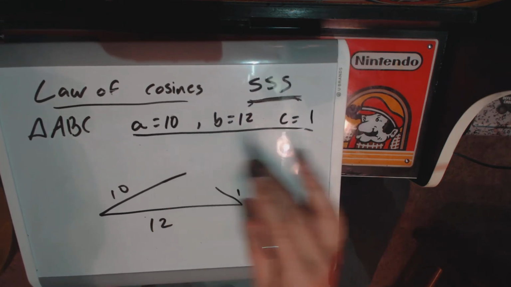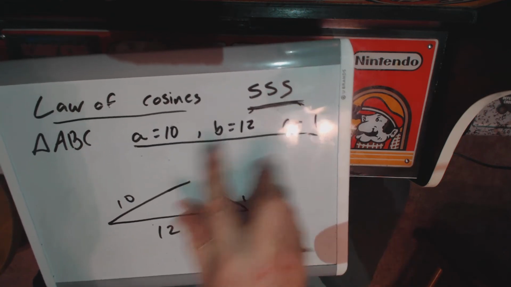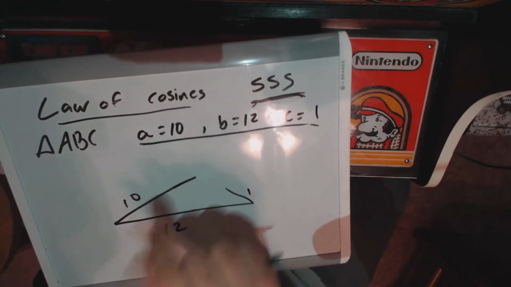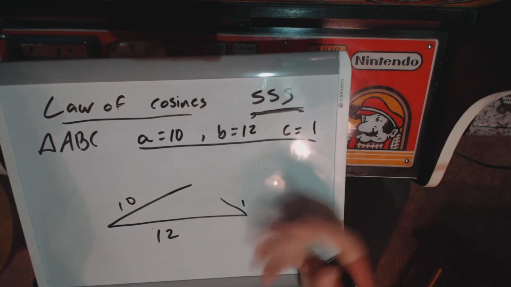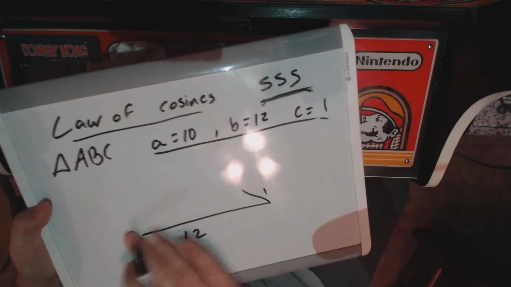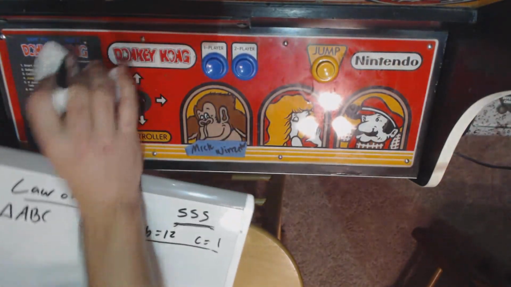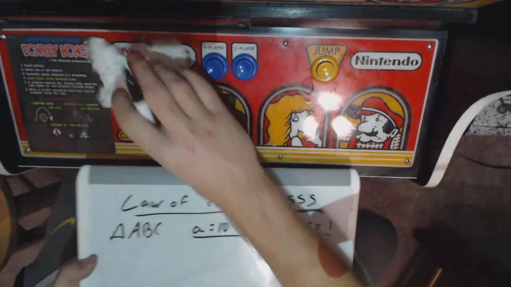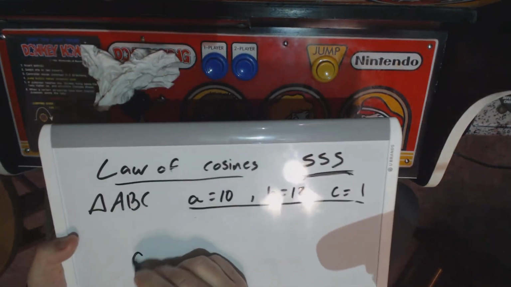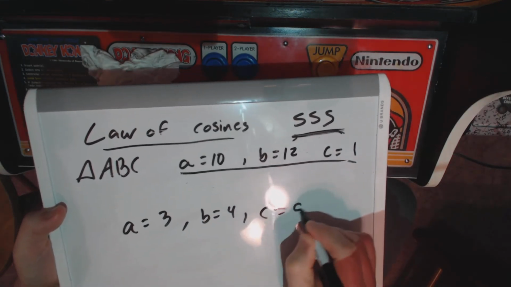So if you wanted to check it at the beginning, just say, are these two bigger than this? Yes. Are these bigger than this? Yes. Are these bigger than this? No. Then you could just say, no triangle formed. I'll give you an example of one we know that you could check really quick. Let's say A is 3, B is 4, C is 5.